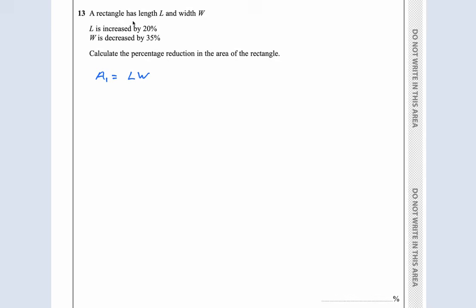Now L is increased by 20%. So let's say new L is equal to L times 1.2, because if we're going to increase it, we're going to multiply by 1.2 to increase it by 20%. So it's 1.2 L. And the new W, we're going to decrease it by 35%. So it's 0.65 W. That's how to decrease something by 35%, get 65% of it.